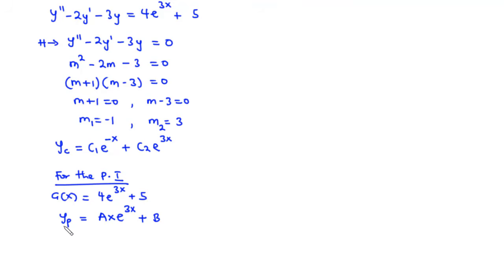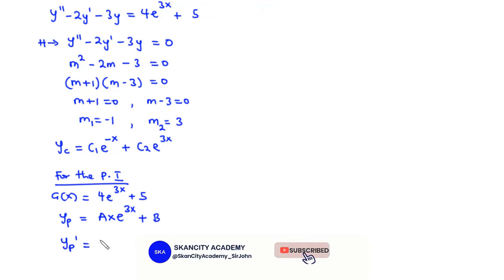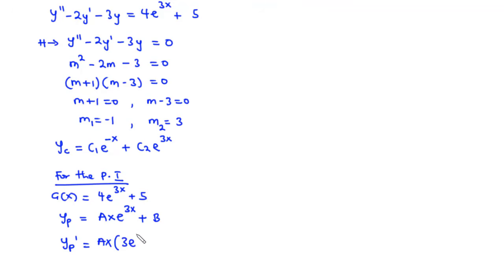Now let's try to find yp' and then yp''. So we have yp', we are going to use the product rule of differentiation here. We hold ax, we differentiate e^(3x), we have 3e^(3x), plus we hold e^(3x), we differentiate ax, we have a, and then because b is a constant, it goes to 0.